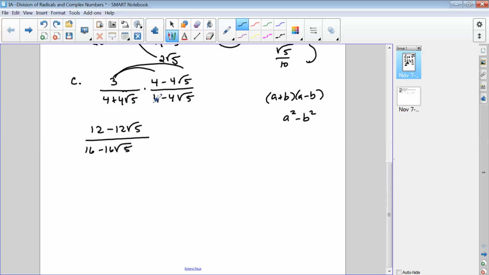And in the middle, that's not correct, I would get positive 16 times the square root of 5. And then the last two terms: negative 16 times the square root of 5 times the square root of 5, which is the square root of 25, or 5.